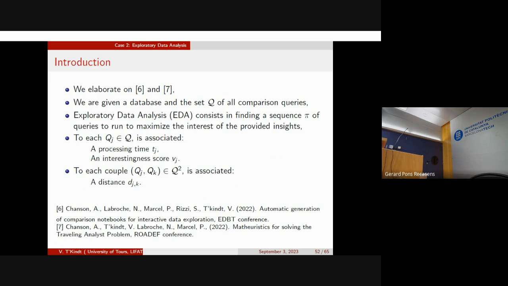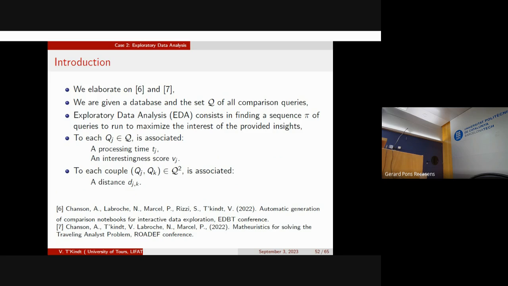And to each couple q_g, q_k, you have a distance d_gk. The distance, you can see it in a way like the difficulty for a user to understand why you run query k after query g.